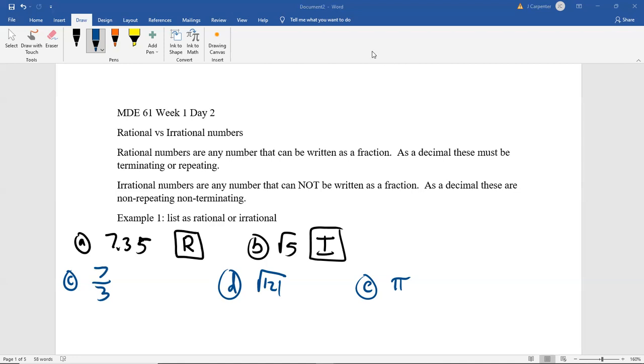Also, if you don't have a mic, you can just type an answer in the chat, but wait till we get to the question.